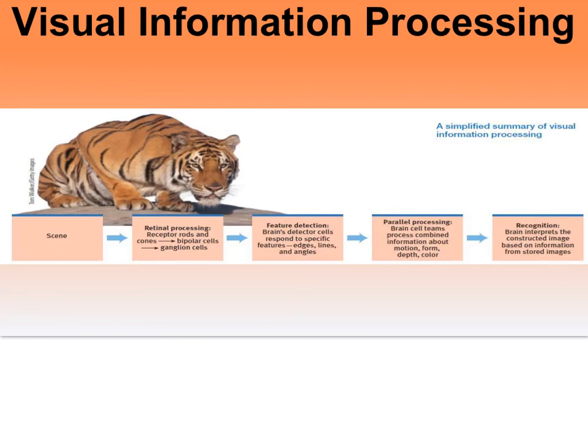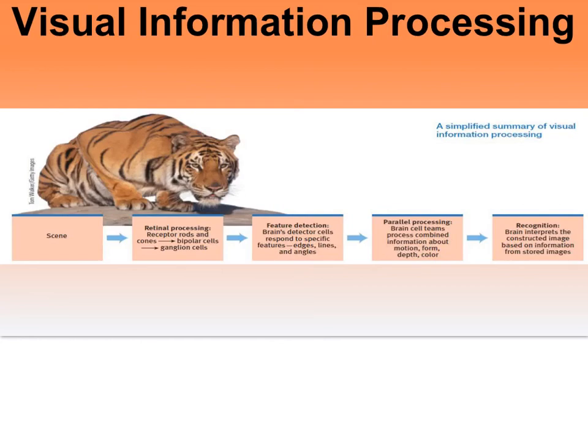What we do with everything we see, even if we are familiar with it, is compare. Now that I have this image all solved and built, breaking it down and then building it up again with my feature detectors, with these cells that specialize in very particular features of an image, and the parallel processing has occurred, then I say, okay, this is not a cat, this is not a dog, this is not an elephant, this is not similar.